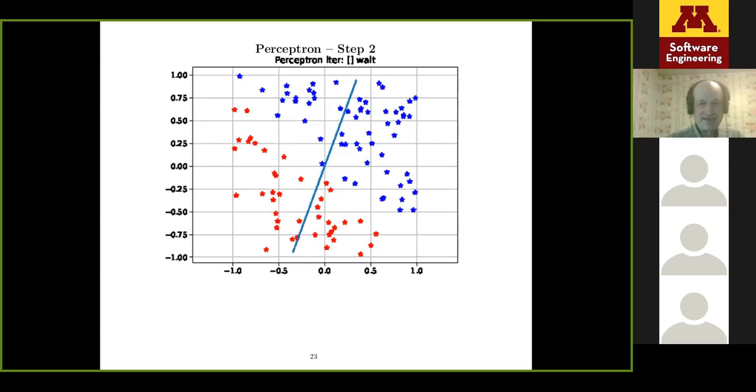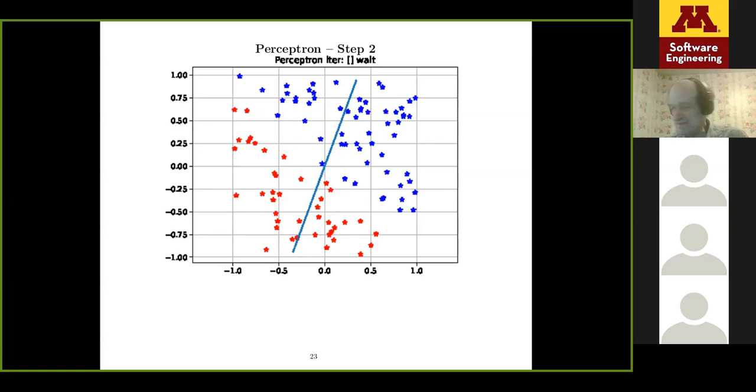You pick one of the blue points, and it obviously was a mismatch. So it would move this W. And after cycling through all of the 150 points, I drew the next W. That's the end of step 1, and this is now step 2.